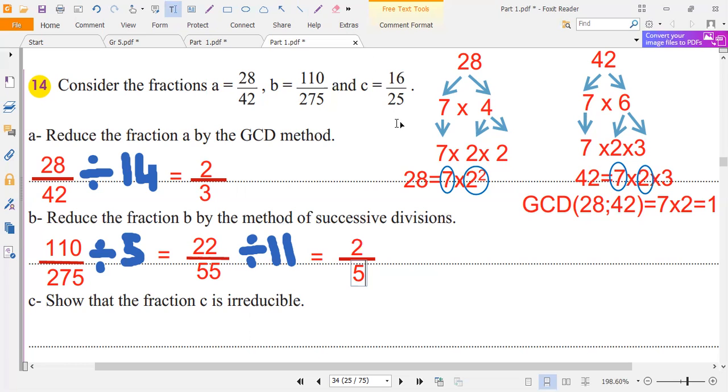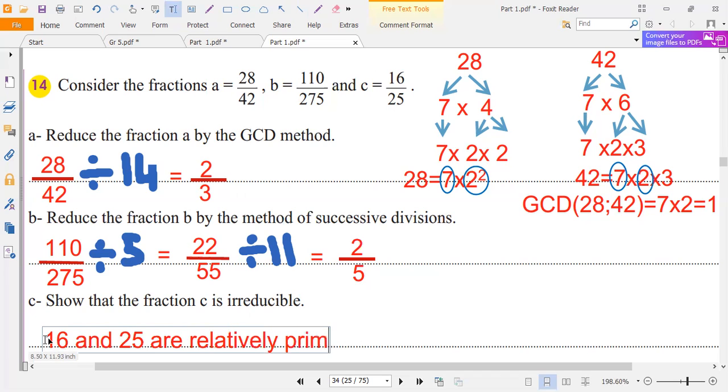No, we think about 2, 3, 4, 5, 6. No common divisor other than 1, so they are relatively prime. We say that 16 and 25 are relatively prime, so the fraction C is irreducible.